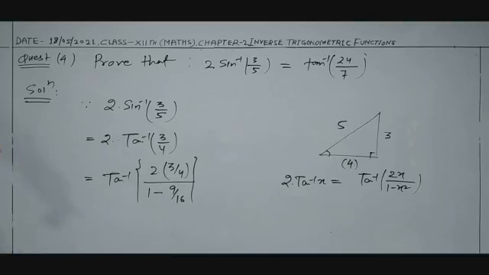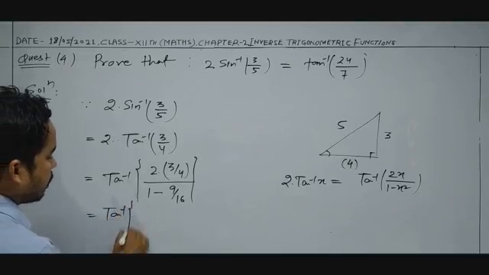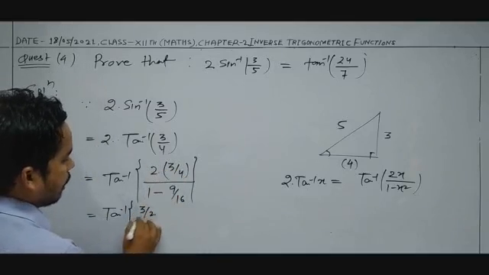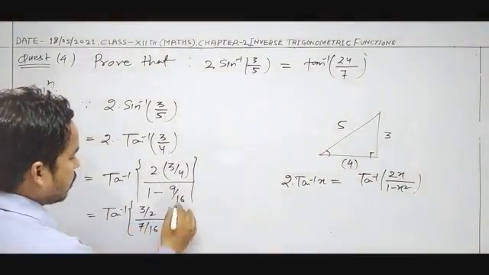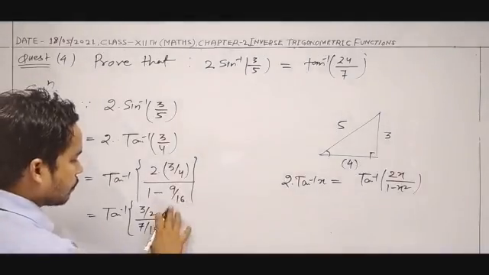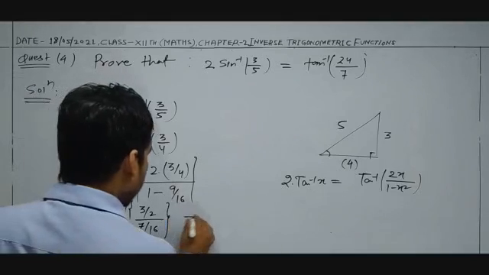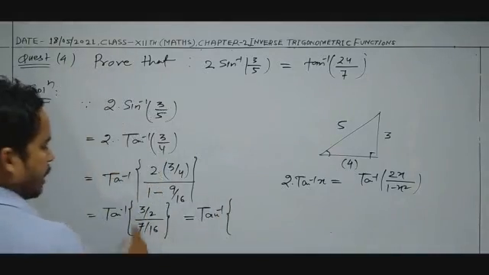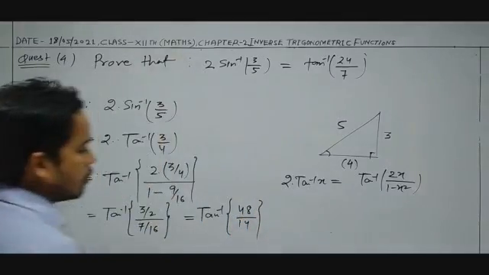So after calculation, what will be the result? Tan inverse, this is 3 by 2 and 16 minus 9 means 7 by 16, and this calculation will be tan inverse 48 by 14 from table 2.